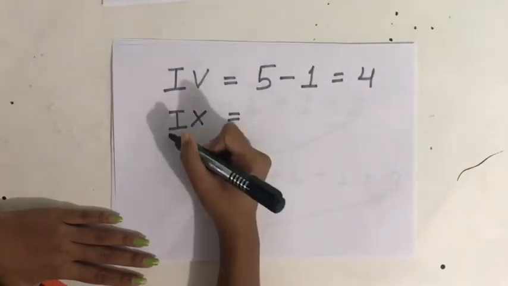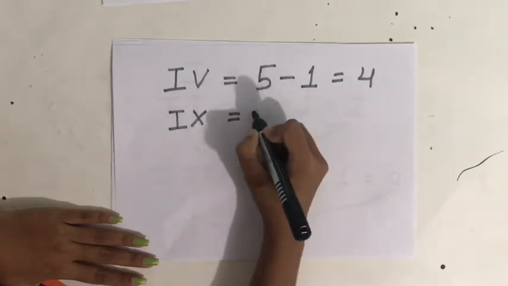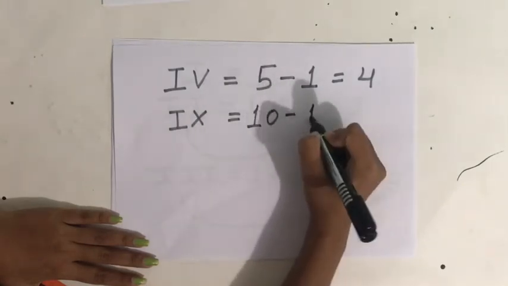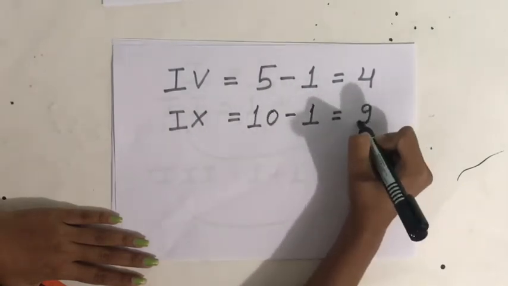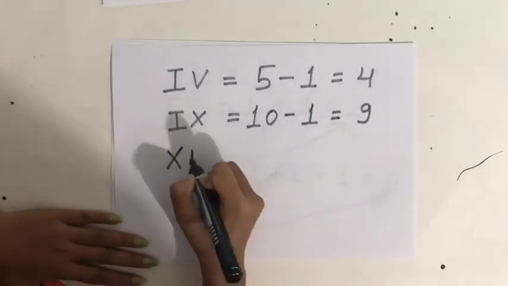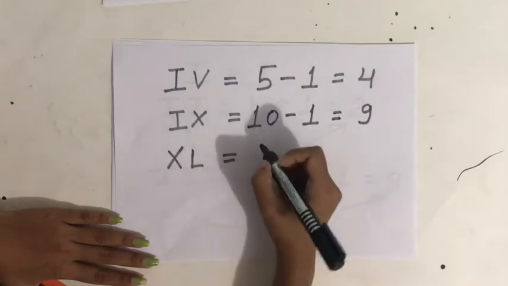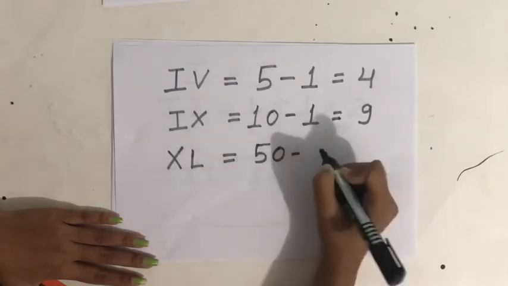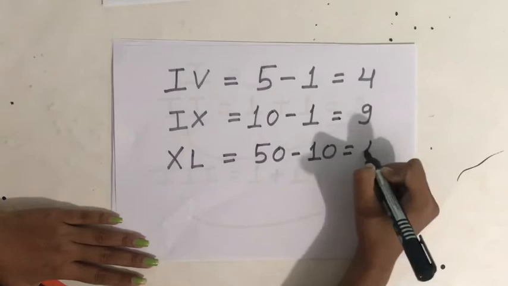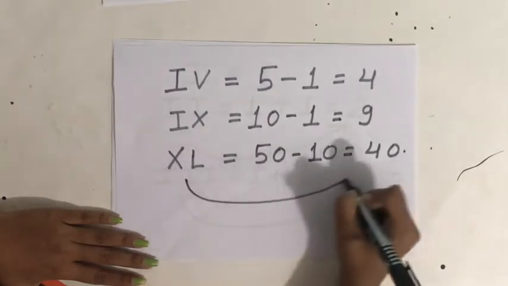Here the symbol I is smaller than X. That means 10 minus 1 equals 9. Now XL. Here also X is smaller than L. So 50 minus 10 equals 40. That means XL represents 40.